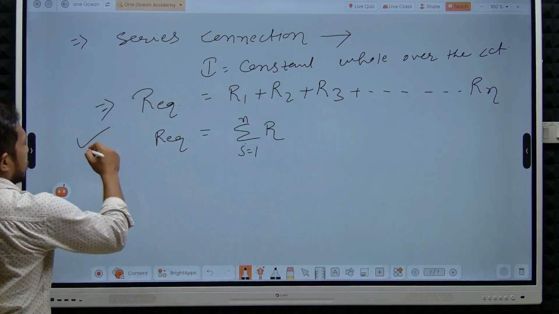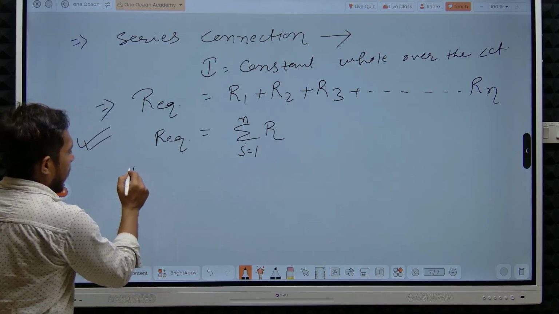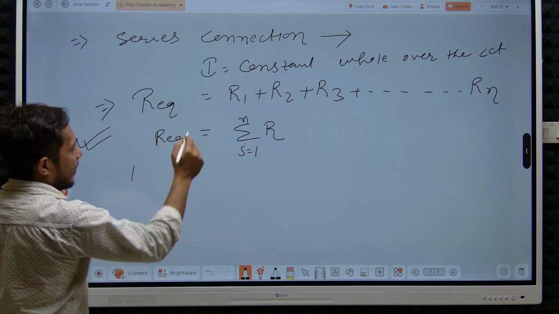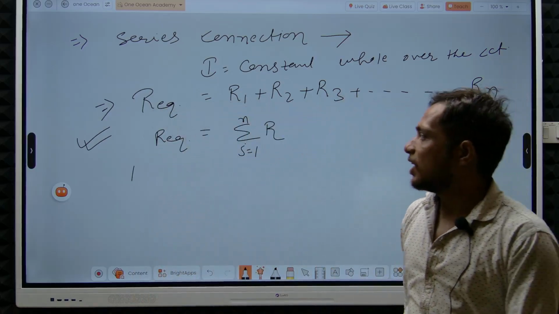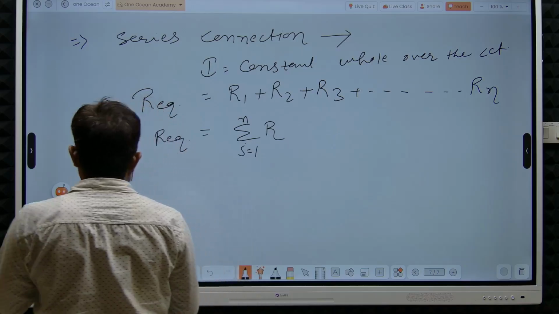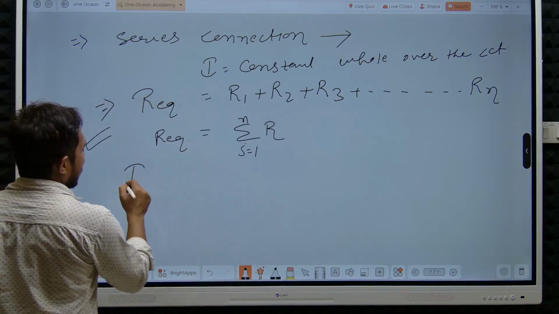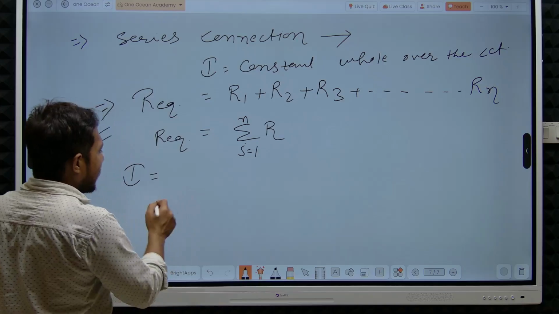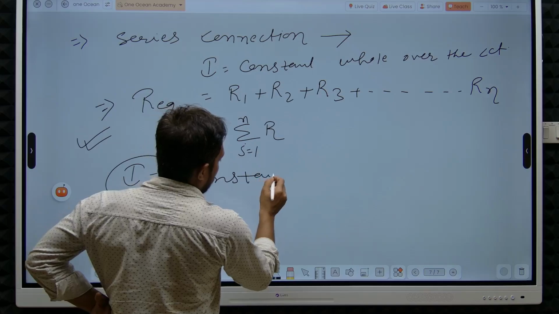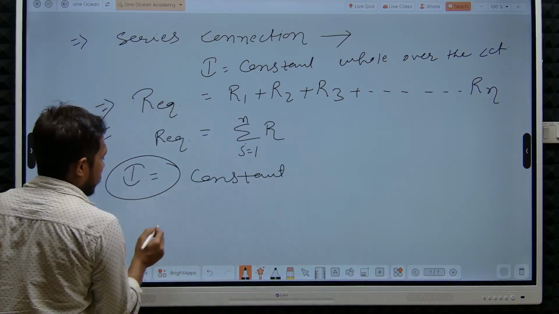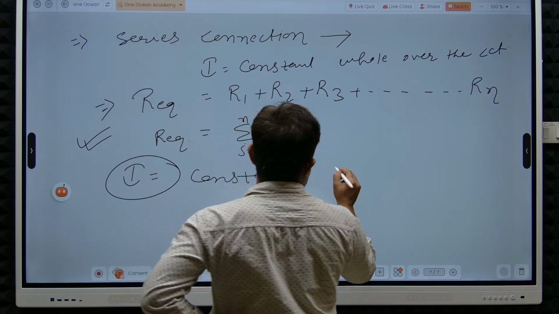Now, if someone asks you to prove how R equivalent is equal to R1 plus R2 plus R3 and so on: we know that I is constant, so voltage is distributed here.